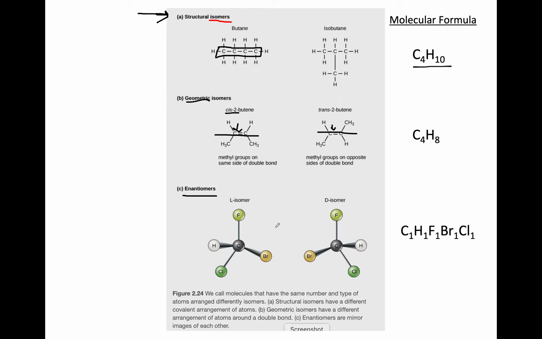So the L and D isomer, they may look like they are the same molecules and should have similar or identical properties, but they don't when it comes to fitting into proteins and enzymes, and coming together with other molecules that form a complete fit in three-dimensional space.